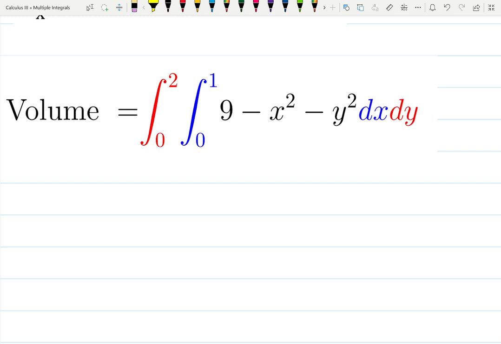How to calculate it? At first, you will start with putting parentheses, and let's match the color blue with blue. When I put parentheses like so, this inside integral is just an integral with respect to x. And we know how to take partial derivatives, so we do know how to undo partial derivatives. We're going to integrate this with respect to x.